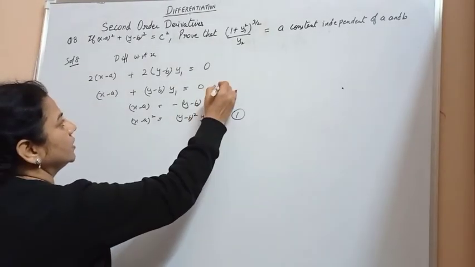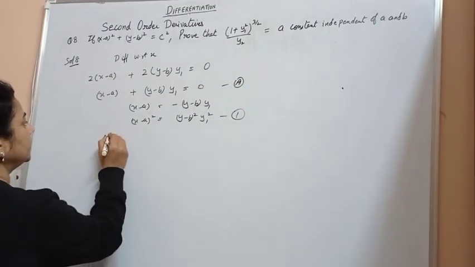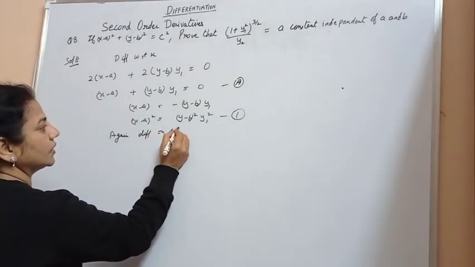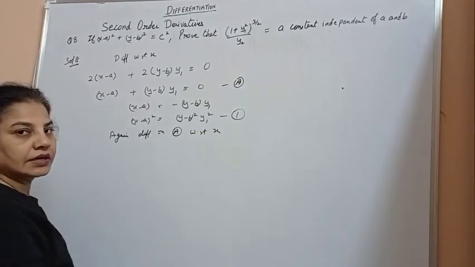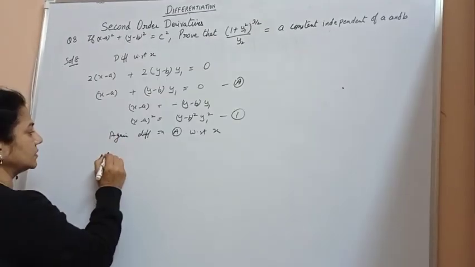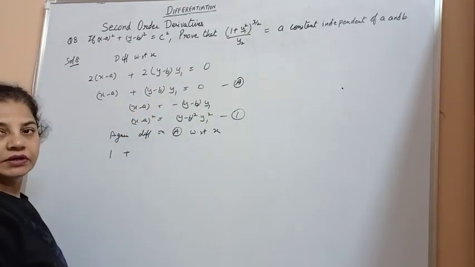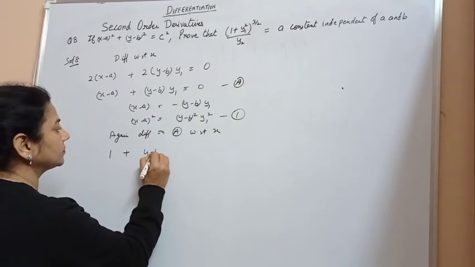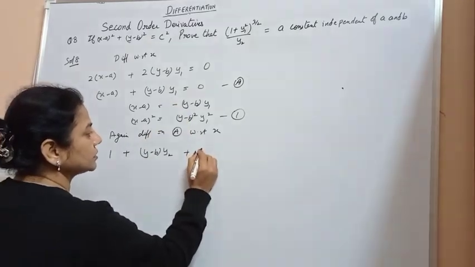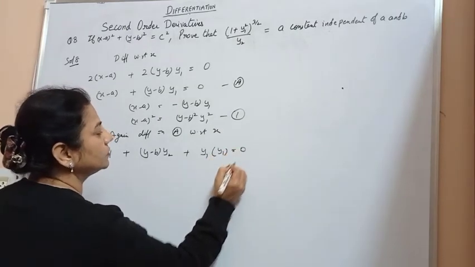So I differentiate equation A with respect to x. x minus a, the derivative of x minus a is 1 only, plus the differentiation of y minus b into y1, apply the product rule: first function into the derivative of y1, which is y2, plus second function y1 into the derivative of y minus b, which is again y1, is equal to 0.